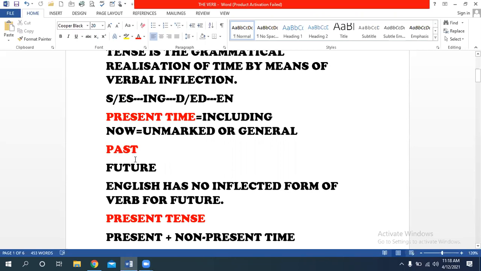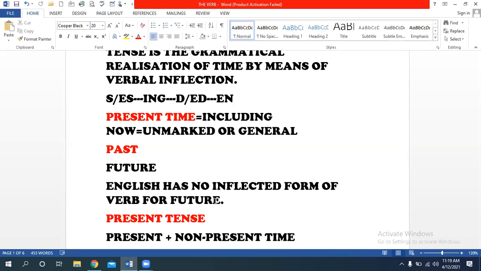But in modern English, English has no inflected form of verb for future. We do not use any inflectional morpheme to show the futurity of an action in a sentence, to show future tense. So usually we say that there are two tenses in English.